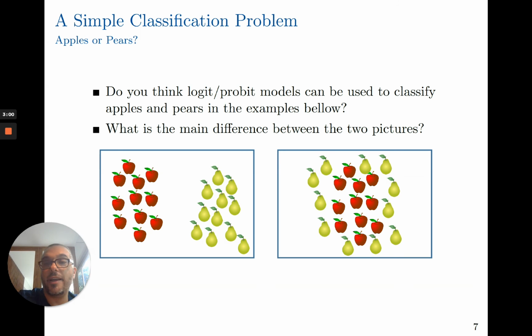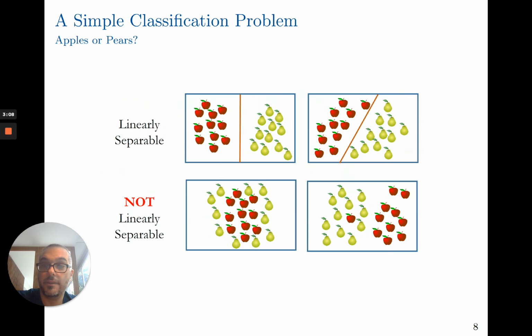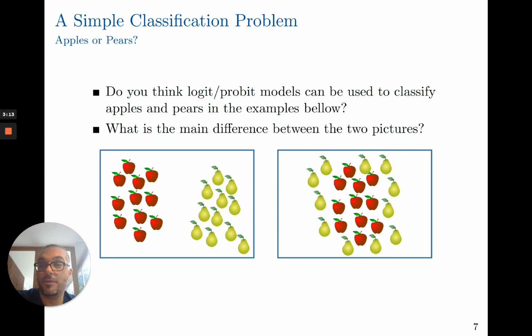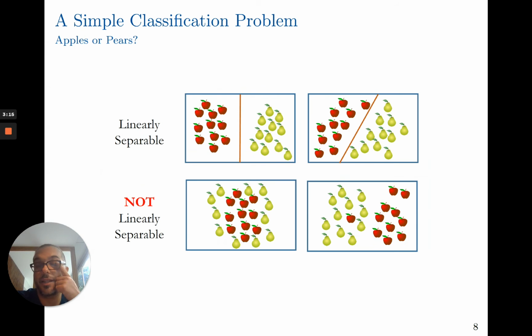What's the main difference between the two pictures, the one on your left and the one on your right? The one on your left is linearly separable. You can draw a line and perfectly separate the two classes, apples from pears.